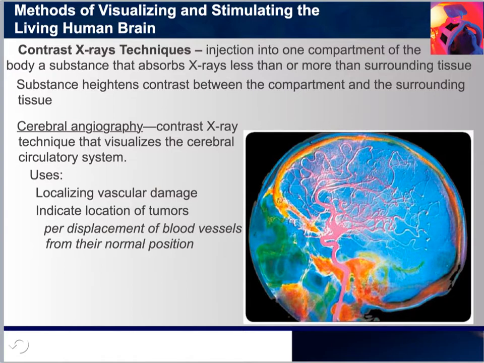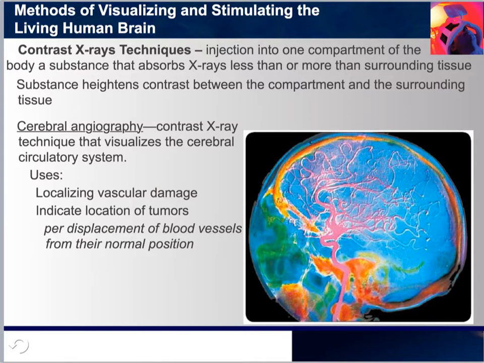One of the ways around this problem is cerebral angiography, which is a form of contrast X-ray technique, which requires an injection into one compartment of a substance that absorbs X-rays less than or more than surrounding tissue. This substance then heightens the contrast between the compartment and the surrounding tissue.